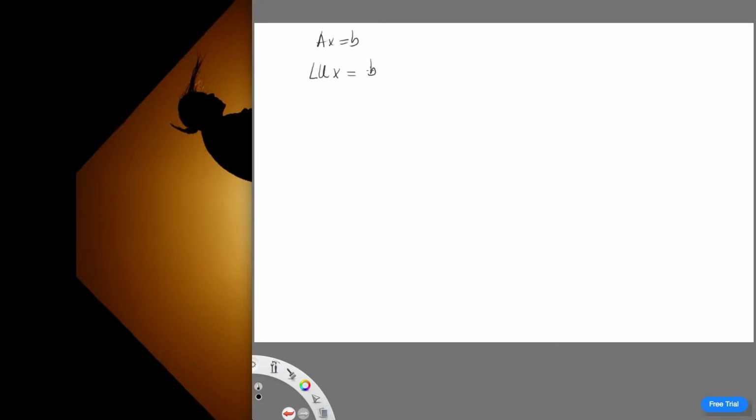So in order to find X, I'm first finding D. Step 1, find D such that LD is equal to B. I don't have D to begin with, but I have L and I have B. If I did my forward elimination step and recorded L and U, so I have A is equal to LU, then I can find D, it's an unknown, such that LD is equal to B. Do you agree with me? Yes?